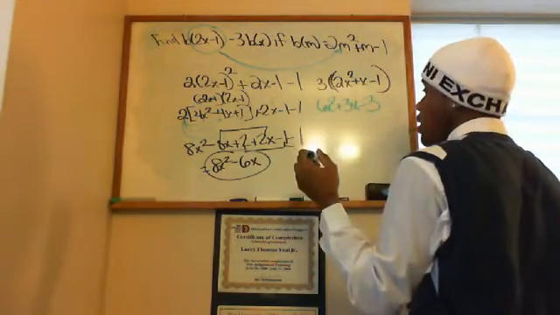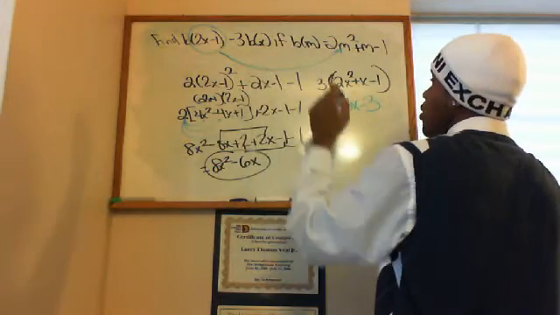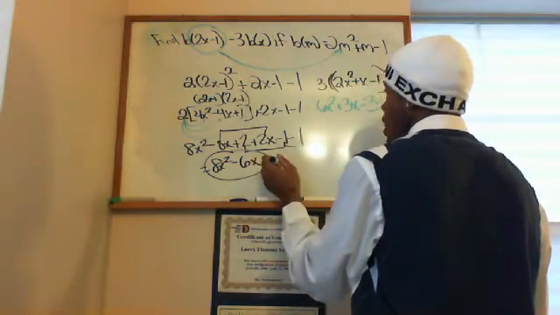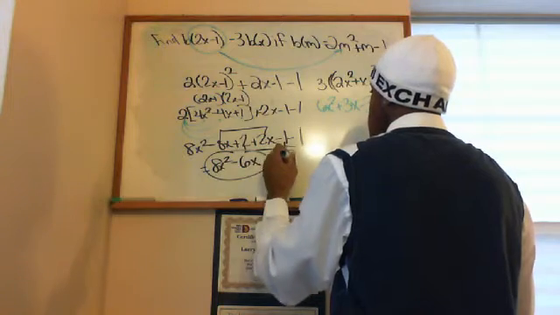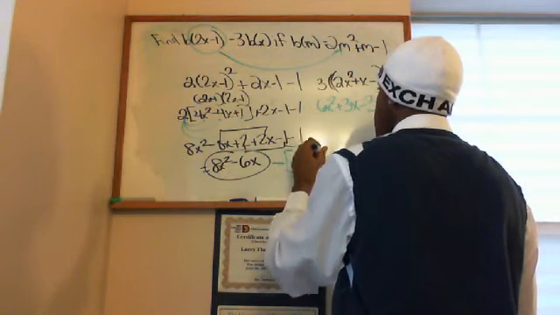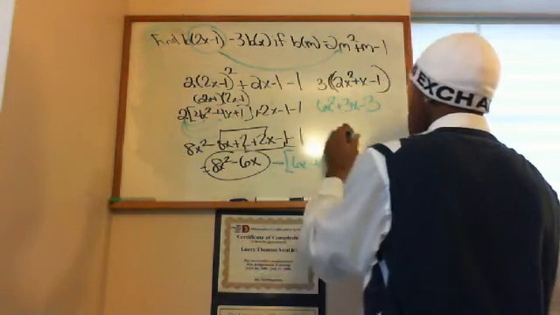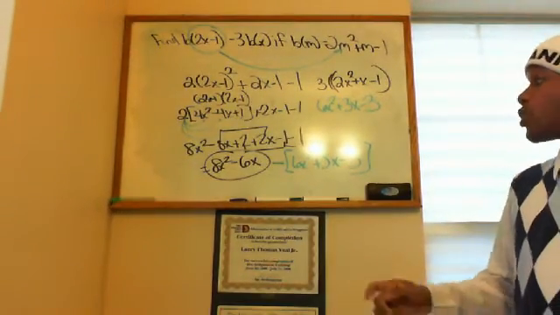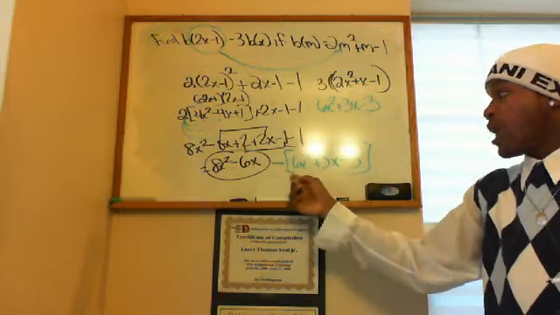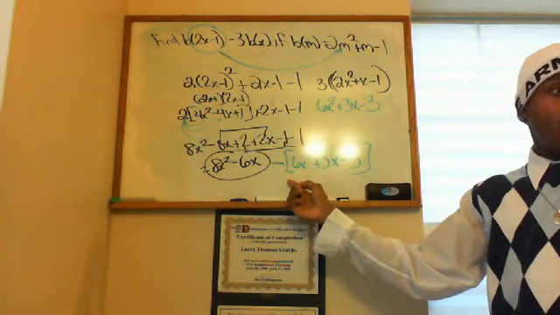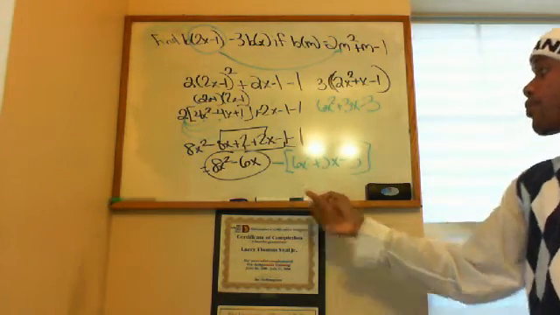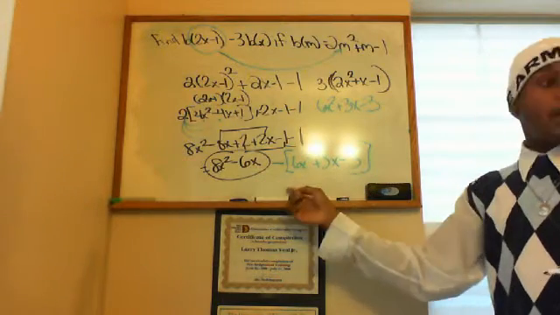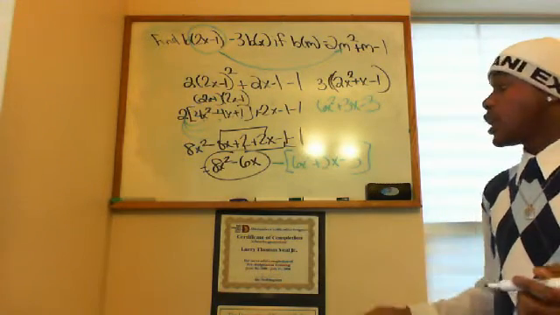Outstanding, good. Now it says minus this whole thing, so I take the first portion minus all of that. I have to make sure it's in brackets because I don't want to mess up my signs. So technically you have 8x squared minus 6x squared.